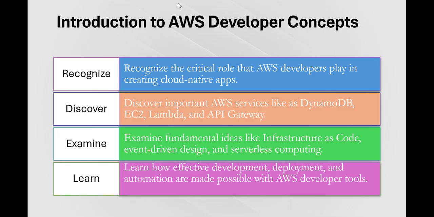In examine, fundamental ideas like infrastructure as code, event driven designs, and serverless computing. And in learn, how effective development and deployment automation are made possible with AWS developer tools.